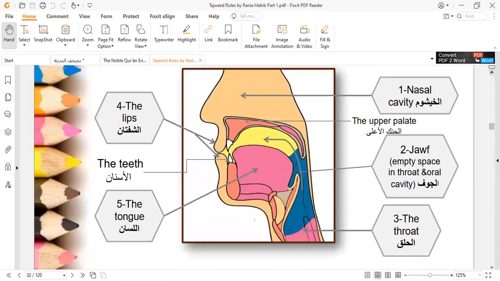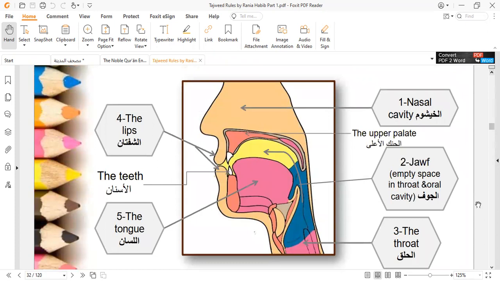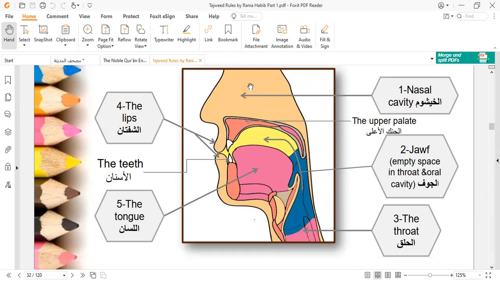We just have the half of the sound of 2 letters. Inshallah, we will understand everything. But here, al-khayshum, the nose, they didn't mention it in the 2 types of articulation point, because we are not pronouncing the whole letter from it. We just pronounce half of the sound of 2 letters, mim and noon, which is nasalization, al-ghunna.